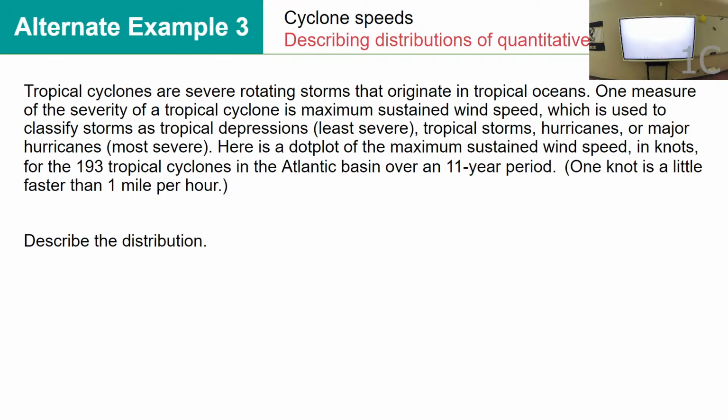There's a lot of tropical storms that don't get talked about. Hurricanes do. Major ones really do. Here's a dot plot of the maximum sustained wind speed in knots for the 193 cyclones in the Atlantic Basin over an 11-year period. One knot is a little over one mile per hour, just to put things in perspective.